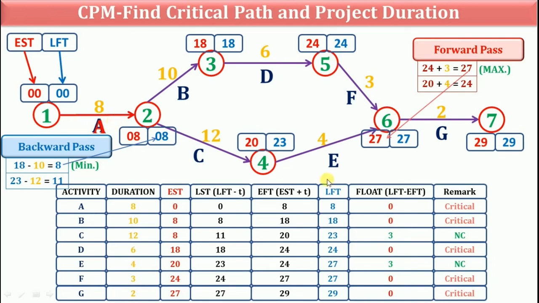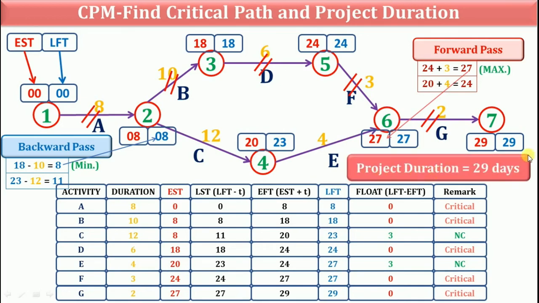So activity A is a critical activity, then activity B, then D, F, and G. So your critical path is A, B, D, F and G. Normally it is denoted by inclined line on the critical activities, and project duration is 29 days.